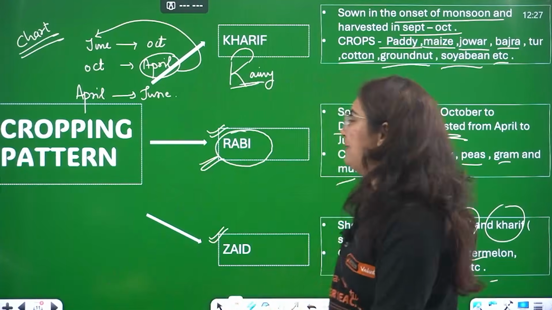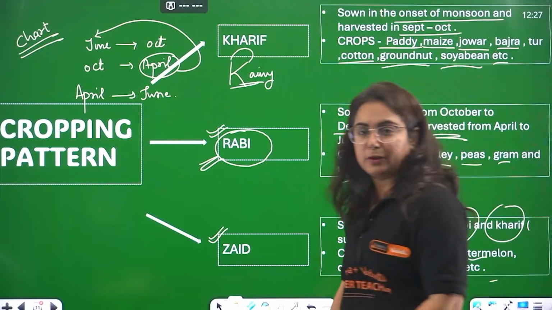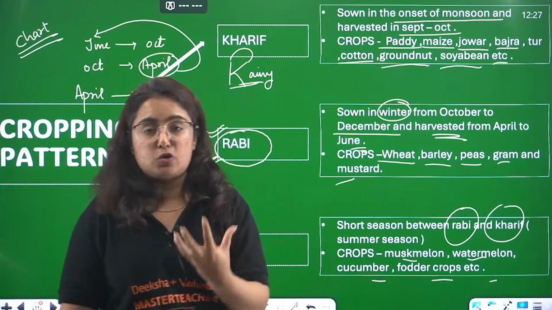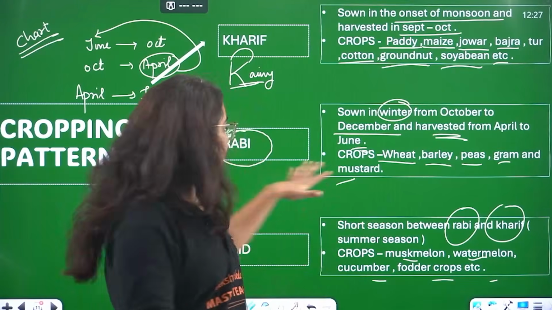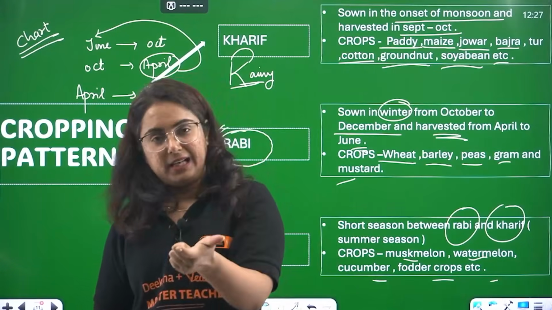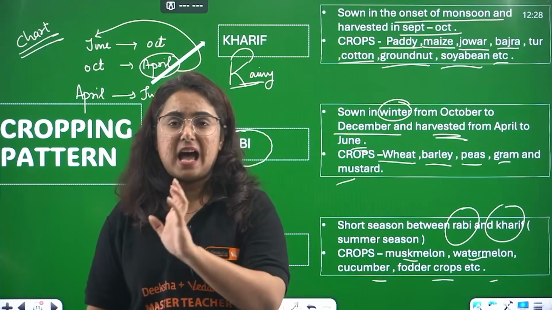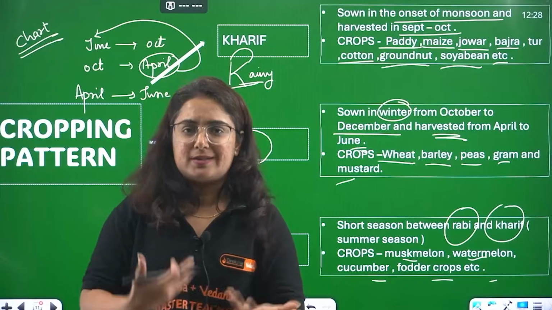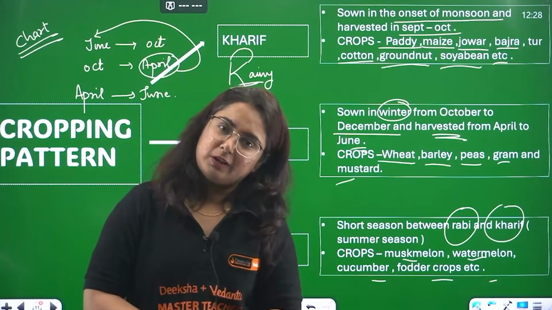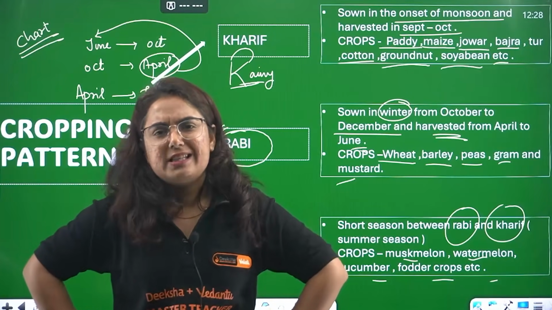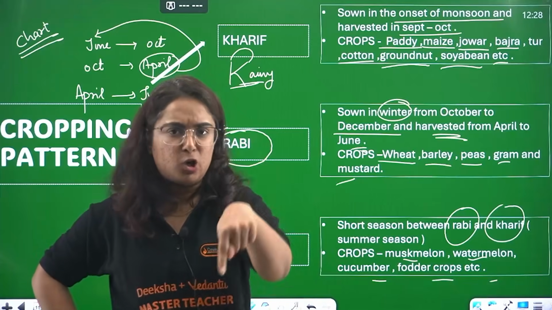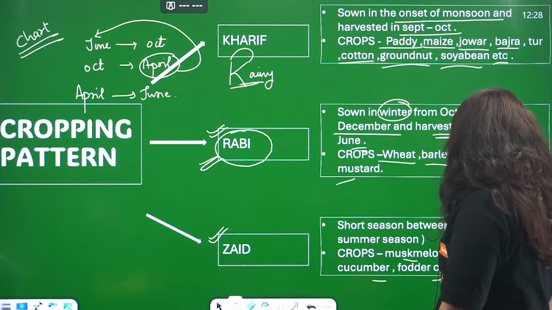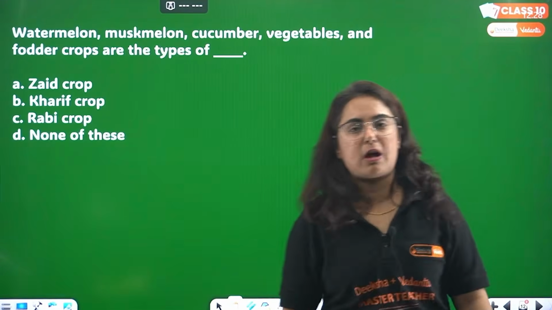Examples of Kharif are paddy, maize, jowar, tur, etc. For Rabi: wheat and barley, the best friends, peas and gram that look alike, and then mustard. By the way, groundnut is an example of which cropping pattern? Tell me in the comment section. And the last one is Zaid, with examples cucumber, watermelon, muskmelon, etc.